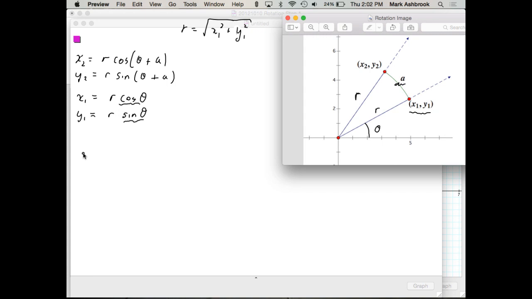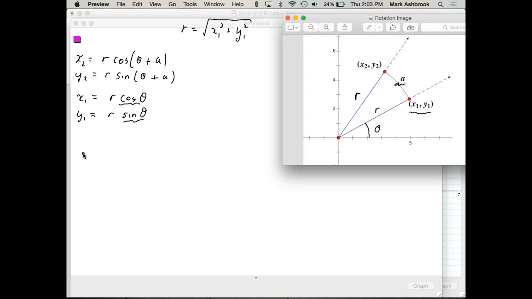So will it get x2? Before we write all that out, if we do the sum formula, will it end up giving us x2 in terms of cosine theta and sine theta instead of theta plus a? Yeah. So maybe this is a worthwhile route. There's really nothing else we can do. We have r times cosine theta plus a.